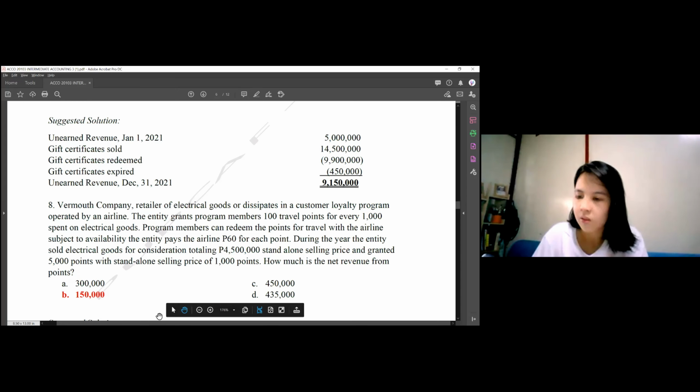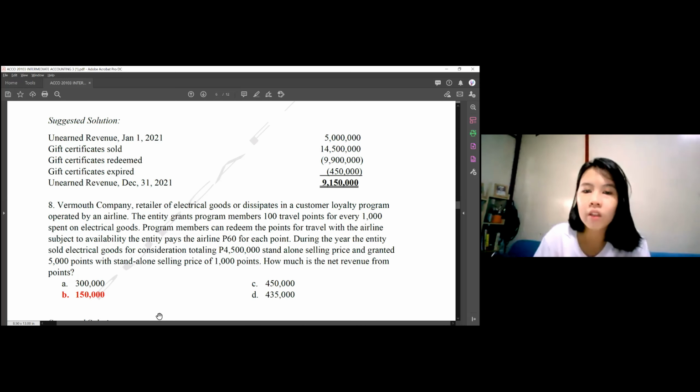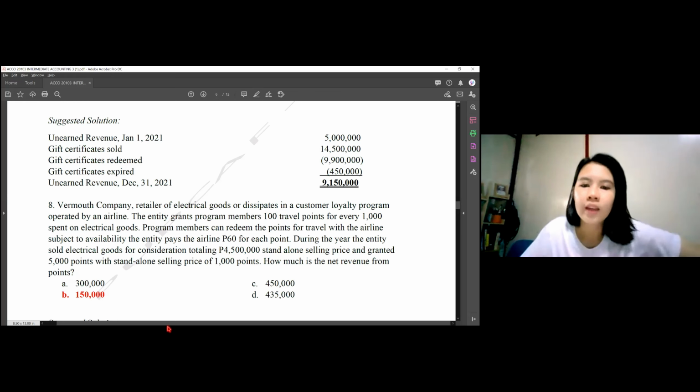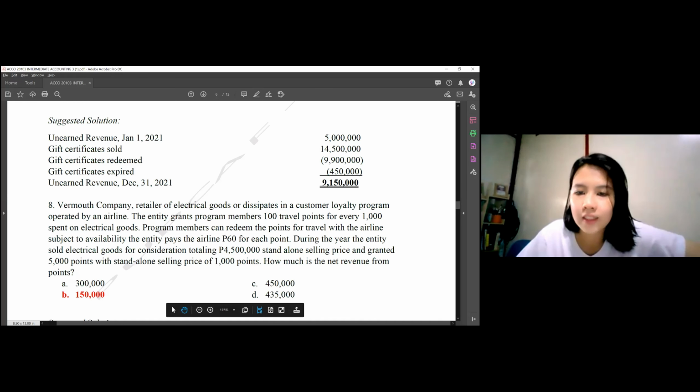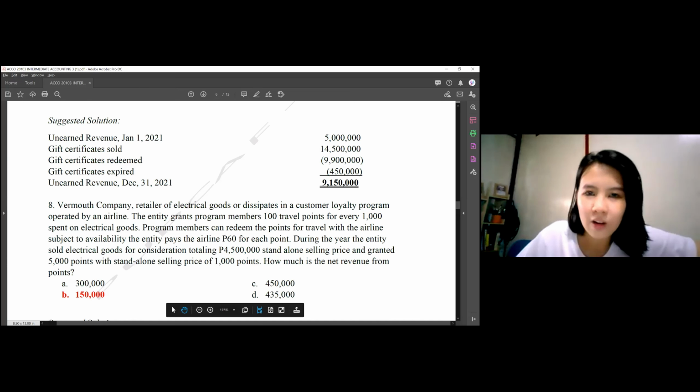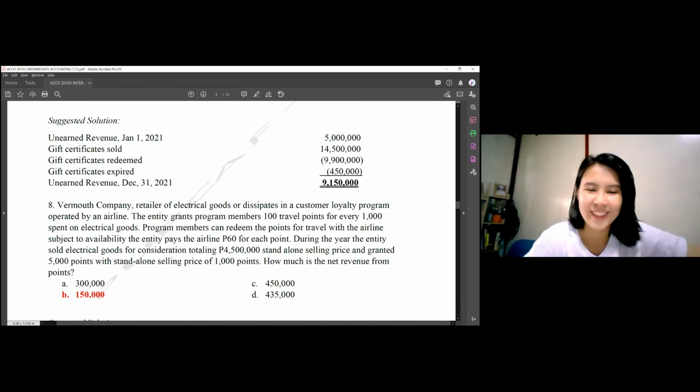So, we'll get 300,000. Okay? So, 450,000 minus 300,000 is 150,000. So, yun yung net revenue. Diba? Na-reduce mo na yung cost. That's why it is important to note whether it's net or gross. Kasi baka mapahamak tayo at bilugan natin ang 450,000. Okay? Okay. Next is number 9.